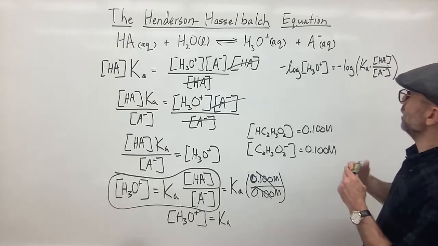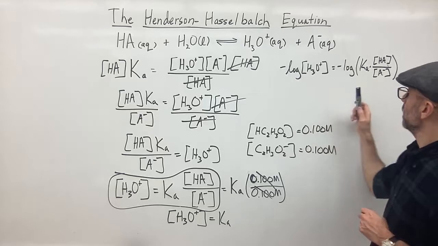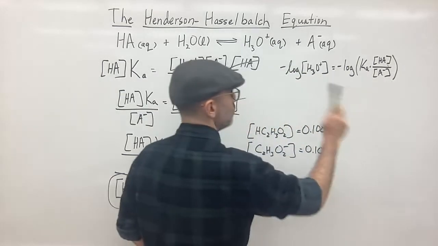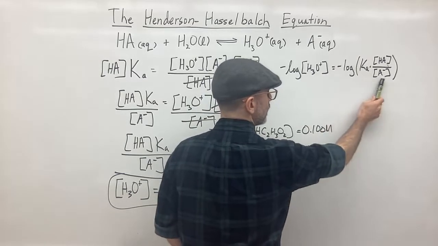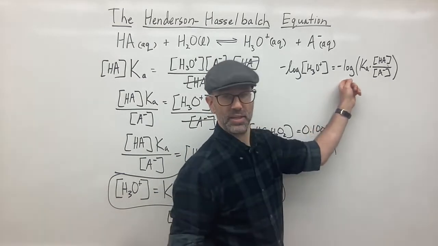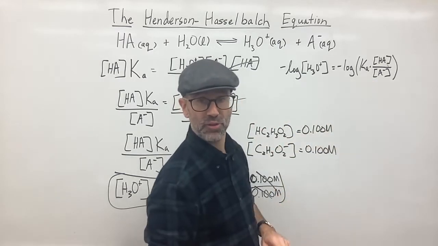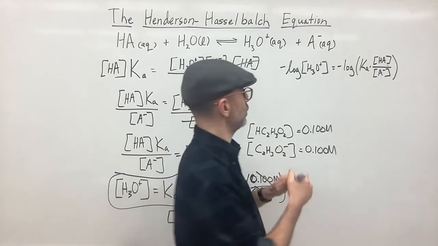All right, so I take the negative log of both sides. Now, if we remember our rule of logs, since I have two things in here that are multiplied and I'm taking the log of both of those, then I can separate those out and it'll be the negative log of each of those.